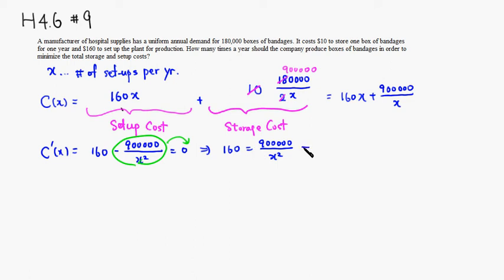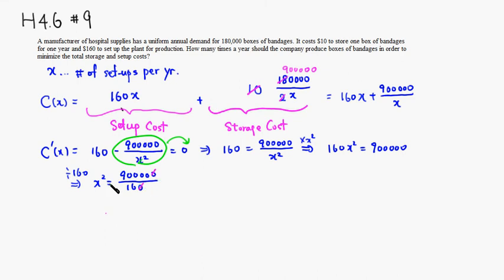Then we multiply through by x squared to get 160x squared is equal to 900,000. Then we divide through by 160 to get x squared is equal to 900,000 over 160.